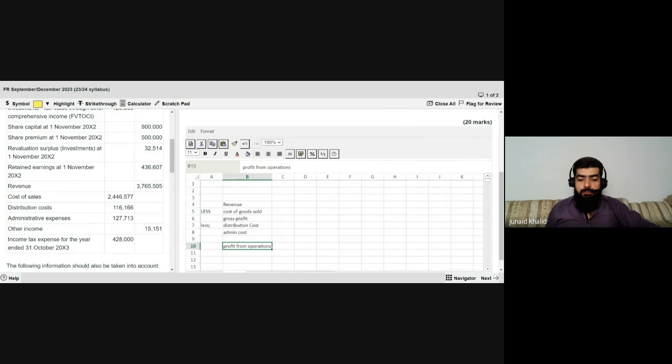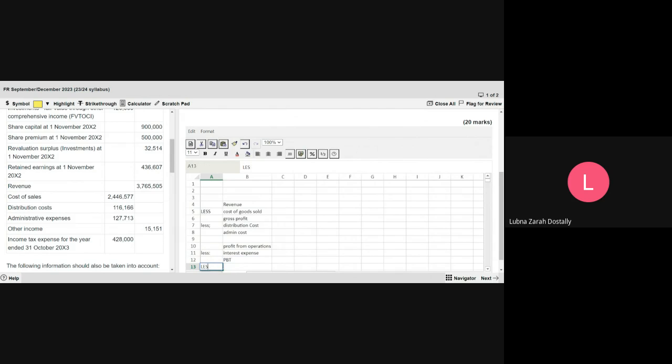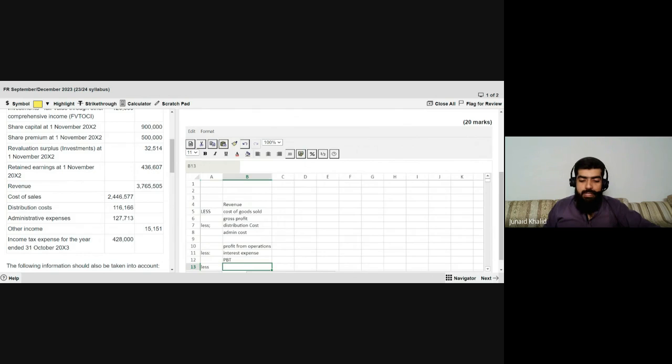And then we will deduct interest expense. Then we will arrive at the profit that is known as PBT, profit before tax, less tax.